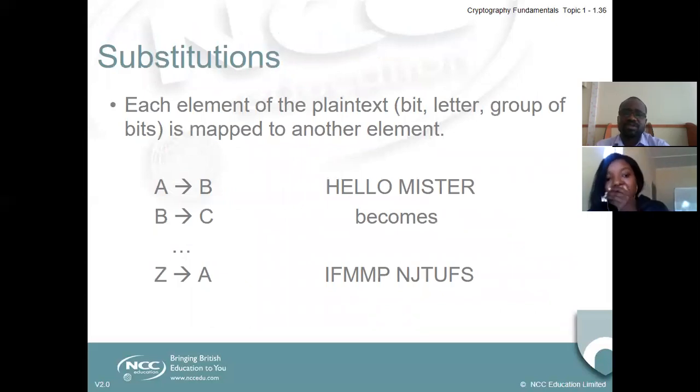Substitution substitutes each element of the plain text, where a bit, letter, or group of bits is mapped into another element. Let's say we have these examples: A arrow B, meaning that A is pointing to B. Hello, minister, the substitute becomes IFM, and JUFS.